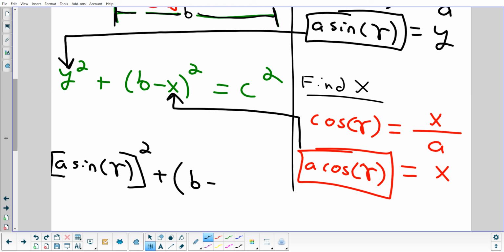A cosine gamma, and we're going to square that, equals c squared. Nothing's really going to happen on the right-hand side. All the work in this is going to be on the left.